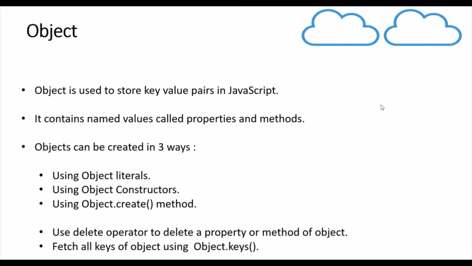We can create either using object literals, or we can use object constructor to create object, or even we can use Object.create method to create an object from another object. Okay, further we can use delete operator to delete property or a method of an object. And if you want to fetch all the keys present in our object, you can use this Object.keys method. Okay, so we are going to see this, so you don't have to worry about it.